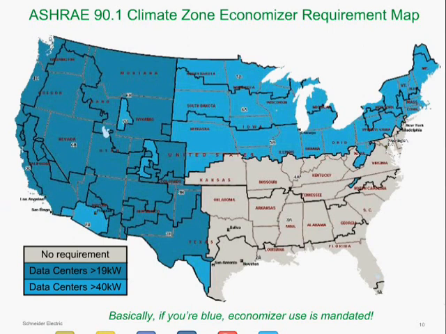So if you're operating an existing data center and making an expansion of that facility, or if you're interested in building a new facility, any of the areas shown here in blue have specific regulatory mandates in place for the use of economizers in cooling systems that exceed those capacities shown in the lower left-hand corner. An important thing to remember is that if you have data center facilities in any of these geographies, there are mandates in place, and these are real. These are already here, and you need to be investigating what's required at the local level to meet these energy efficiency standards.